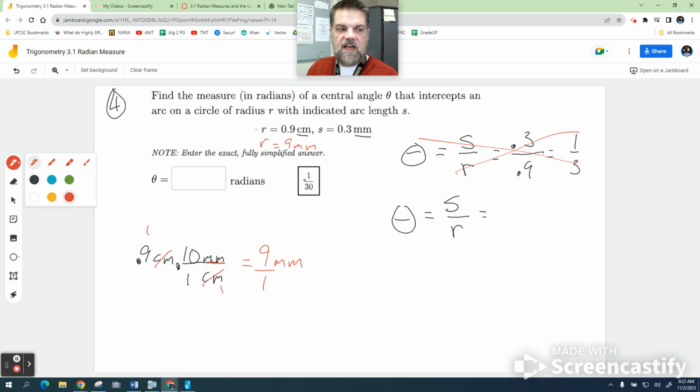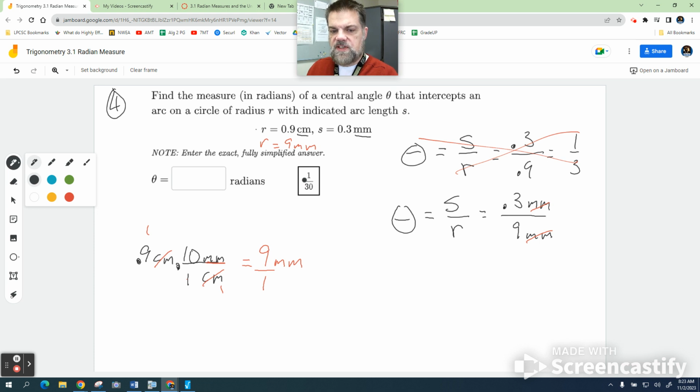So then I just plug it in now, and I get 0.3 millimeters over 9 millimeters. Now, the interesting thing about reducing this fraction is I know that they both can be reduced by 3, but I'd really feel comfortable with integer values.